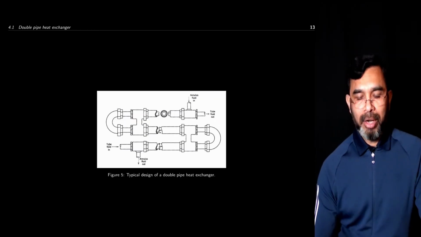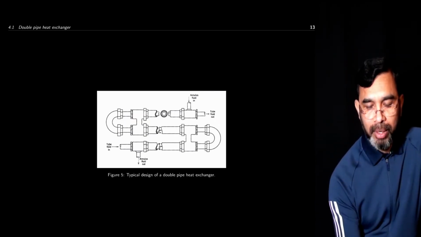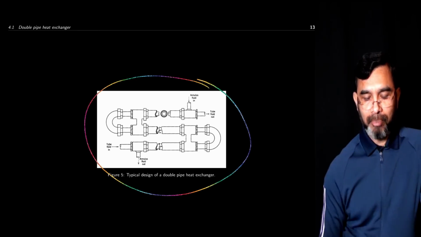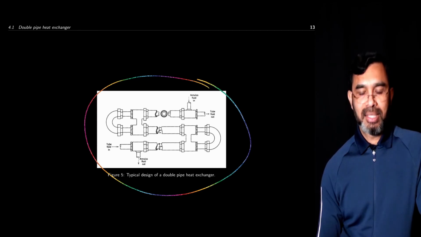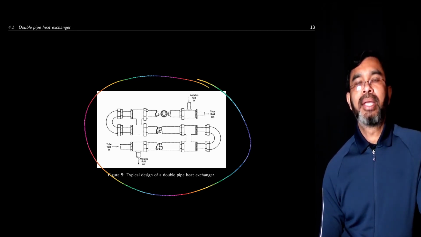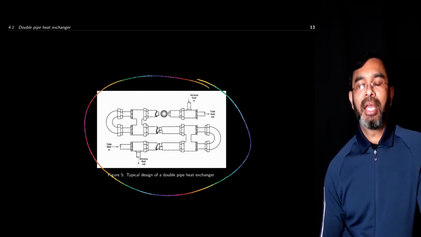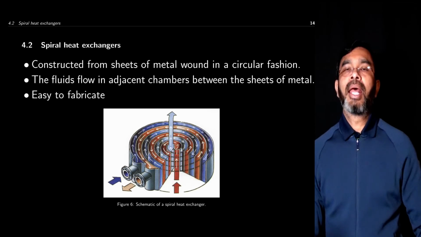Now to meet the requirement for heat exchange surface area, double pipe heat exchangers are often designed in this way. So here the design is for compactness of the equipment. Two long concentric pipes are bent in some way to fit within a given area, and this construction is done.